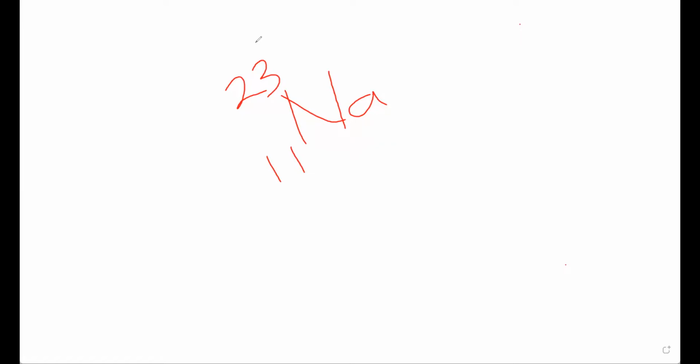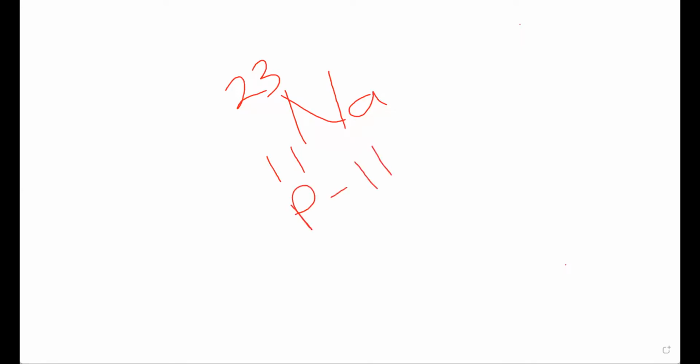Right. The definition for atomic number is the number of protons. So here, the number of protons is 11.